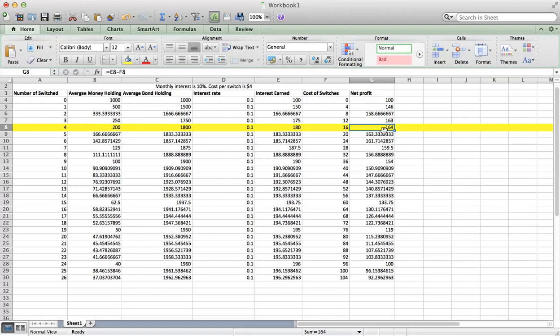Now, let's see what happens if we decrease the rate of interest. If we decrease the rate of interest, you will have less incentive to switch because the opportunity cost is going down. This is another way to say that the demand for money is downward sloping, the speculative motive.